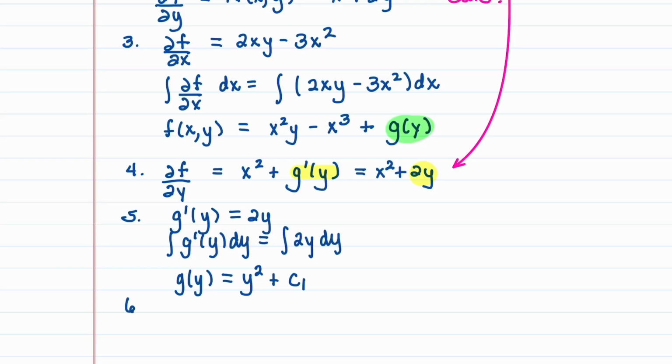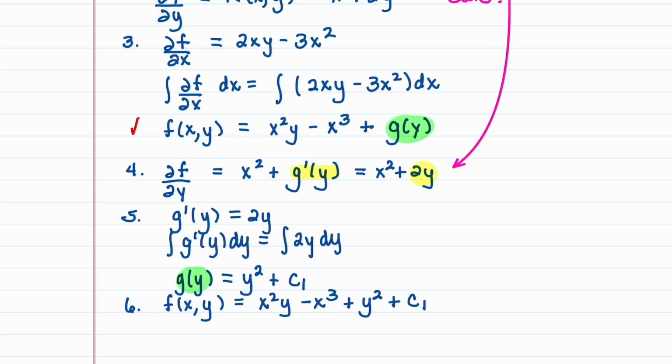In step 6, we are going to substitute this expression that we just found for g of y back up into f from step 3. This gives us f of xy is equal to x squared y minus x cubed plus y squared plus c1.